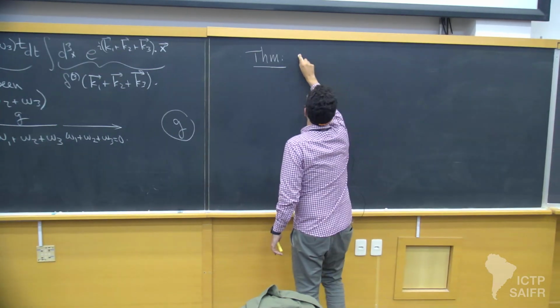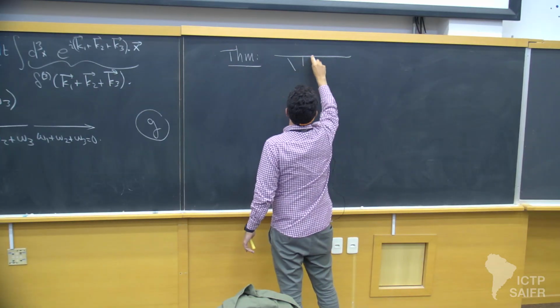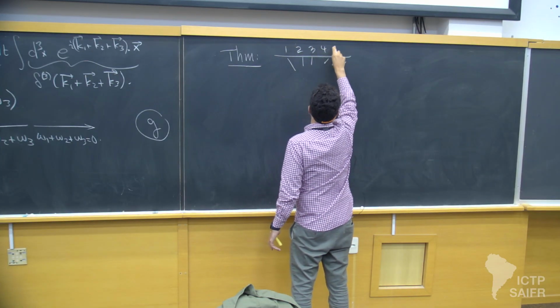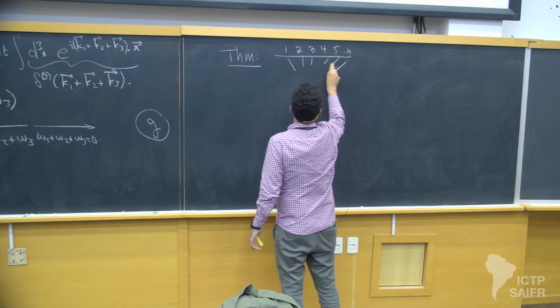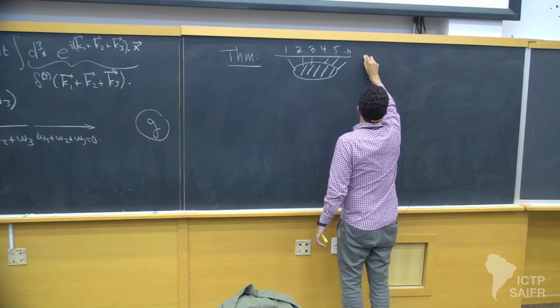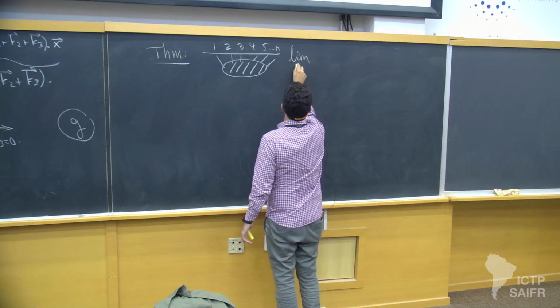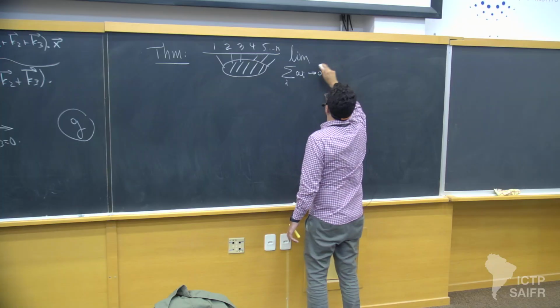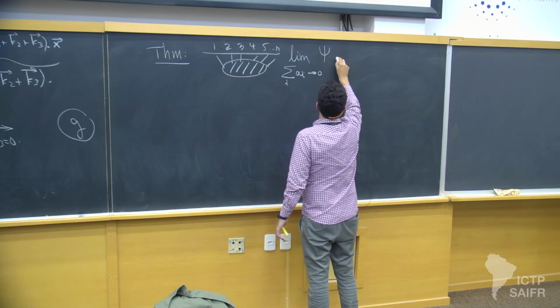It's a theorem. So if you take any correlator, 1, 2, 3, 4, 5, n, and you take the limit, sum over I, omega I to 0, of the wave function, it's going to blow up.